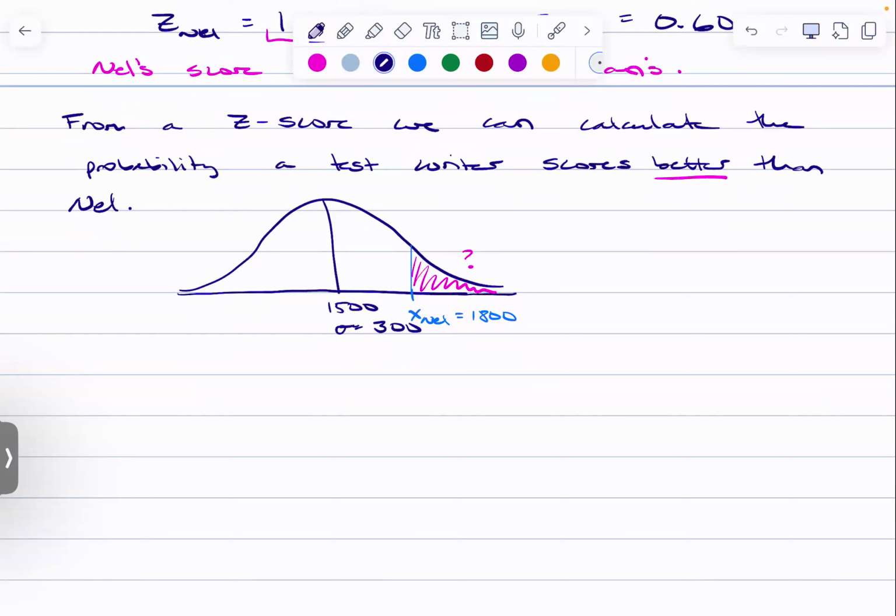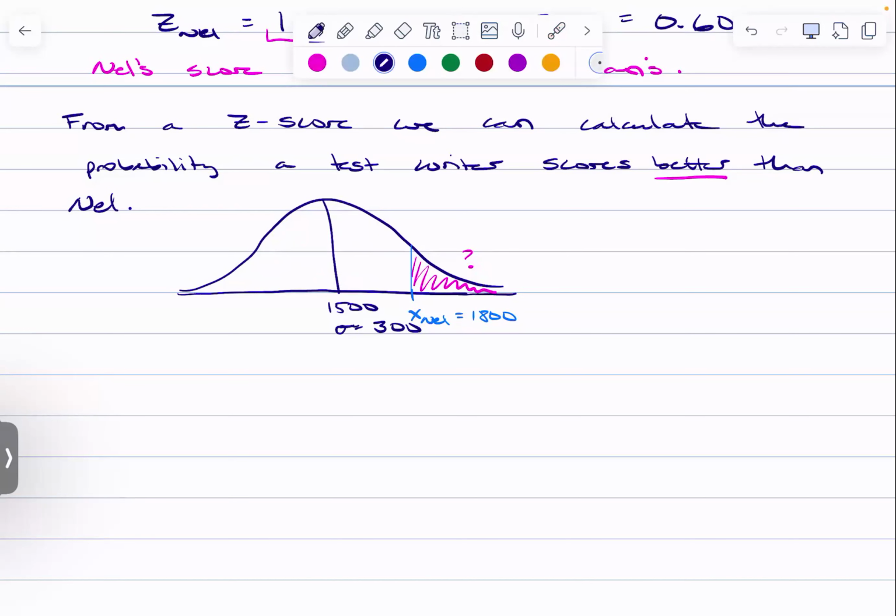Why does it only need to give you the area to the left, the area to the left being this area here? Because we can leverage the fact that the total area is 1. The total probability of all possible scores is 1. And so if I know the total area to the left is 0.7, then I also know that the total area to the right is 0.3, 1 minus 0.7.